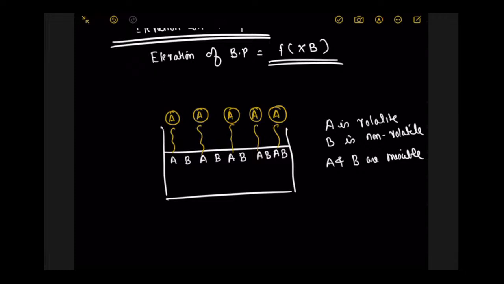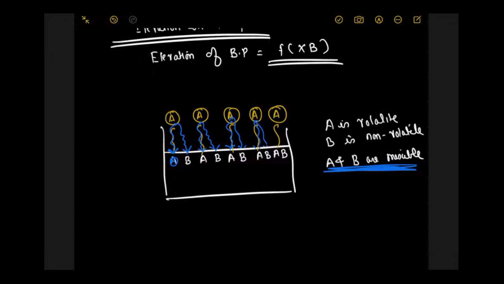Now at equilibrium, A molecule will come down to its own molecule A, and A will also go towards B, because A and B are miscible with each other. This A will come down, and this A will also mix with B. A, B, A, B. So is there any difference in the condensation process? No, the condensation process is as usual. It is happening.